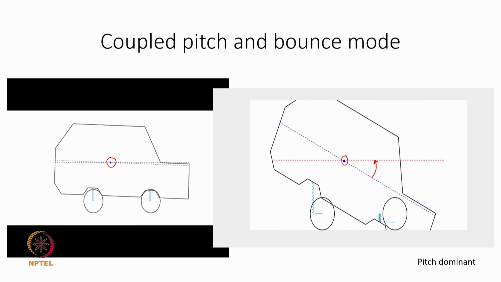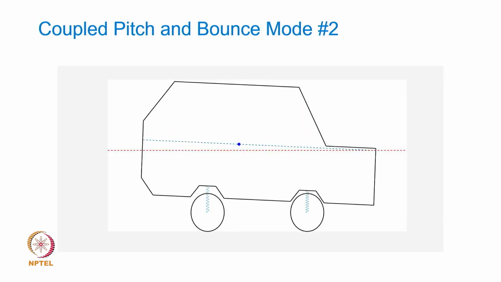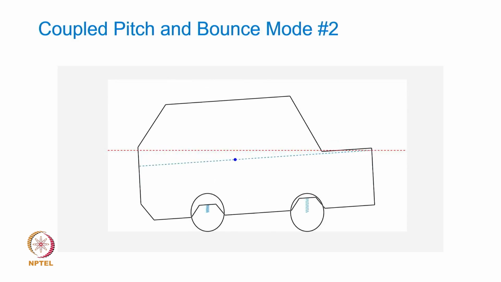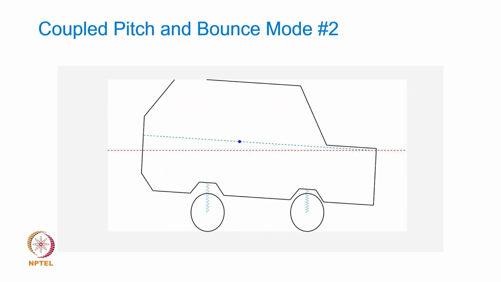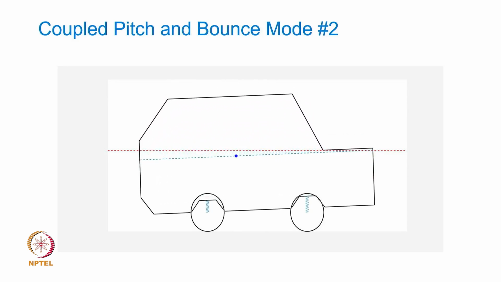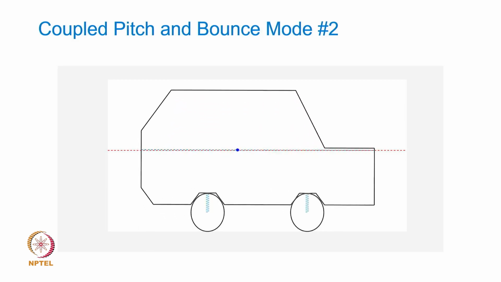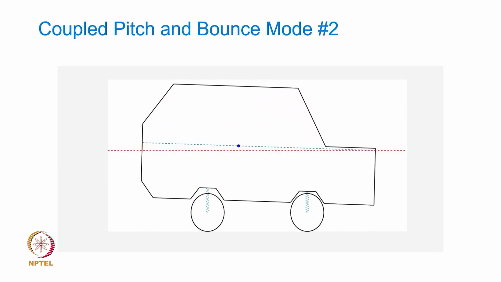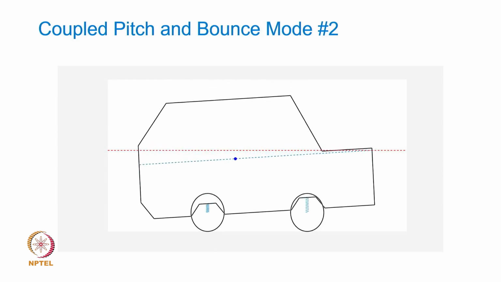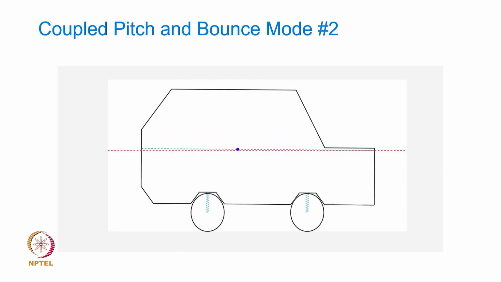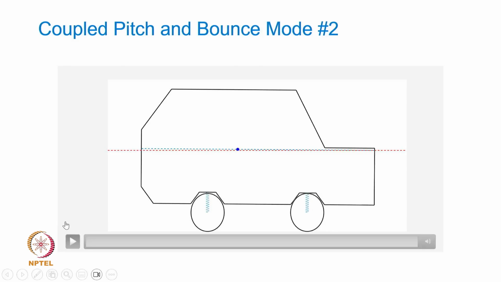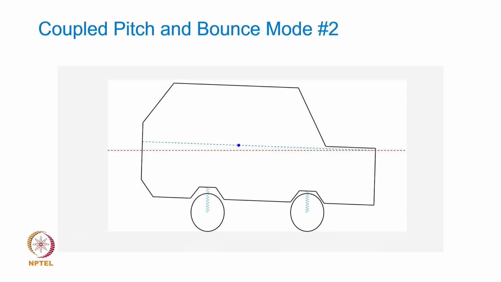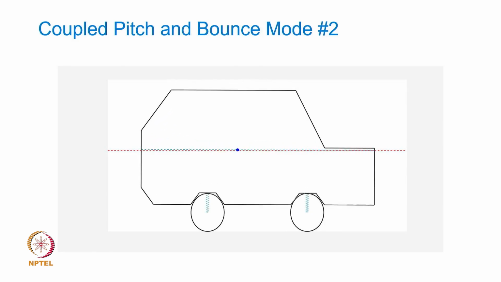But the second one gives you an idea as to what this coupled pitch and bounce mode would look like. So, this is a bounce and also pitch. You can see that the body is pitching, so there is a theta motion, and when there is a pitch motion, there is also a bounce motion.